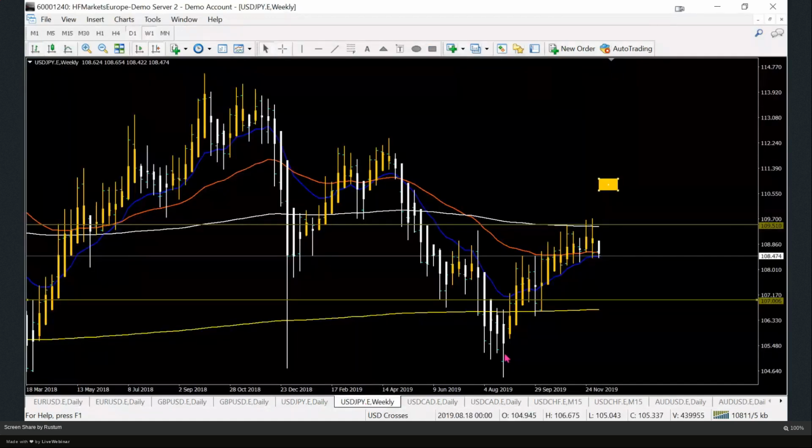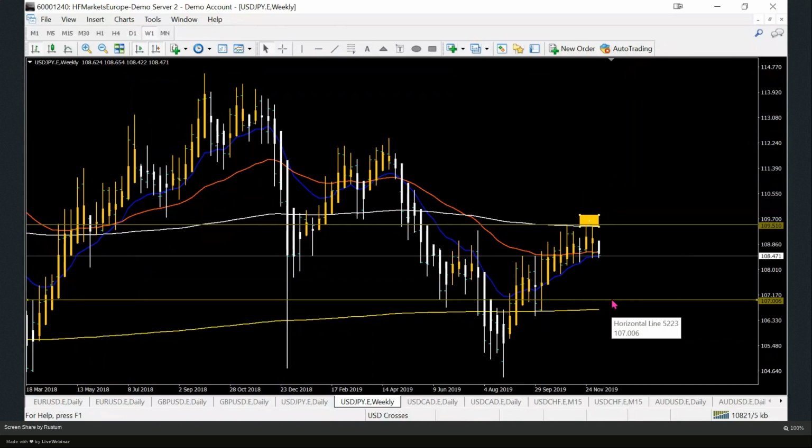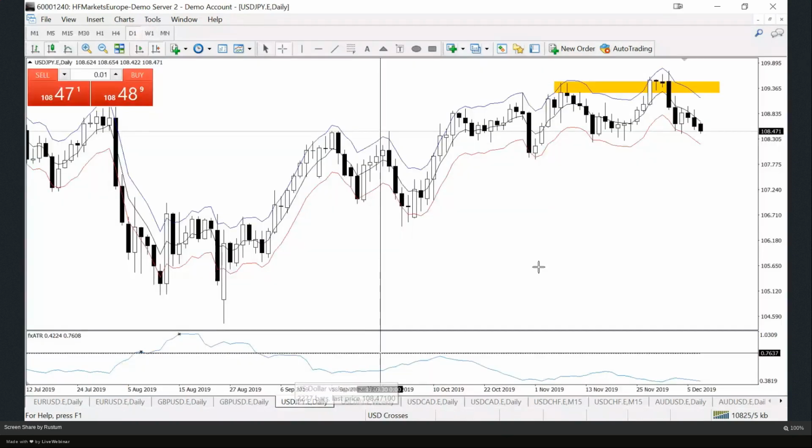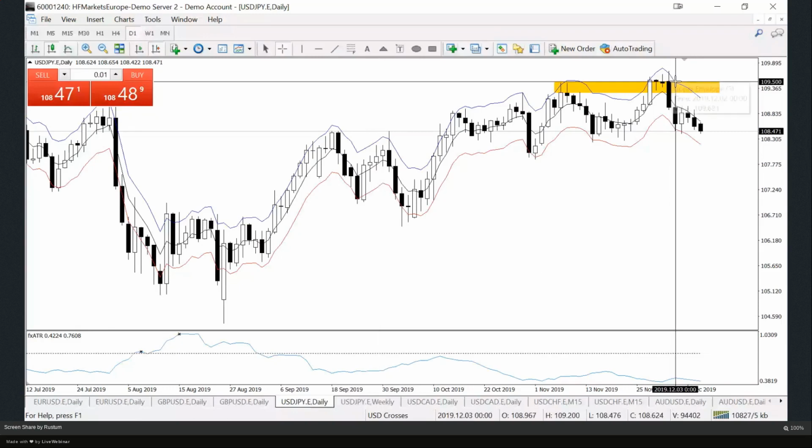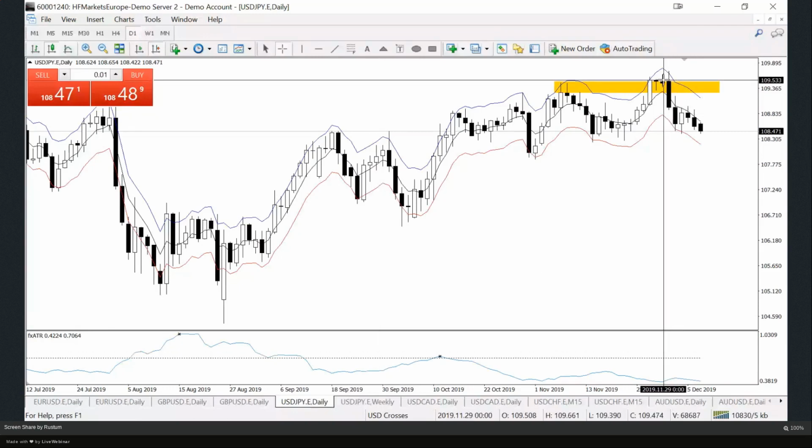Remember, your 200 period moving average is there. Your levels are there. Everything is there. And you know your potential target, right? Now you jump to your daily. In that same area, you've noticed there's an excursion beyond the mean. And then you take that trade based on what you already know.